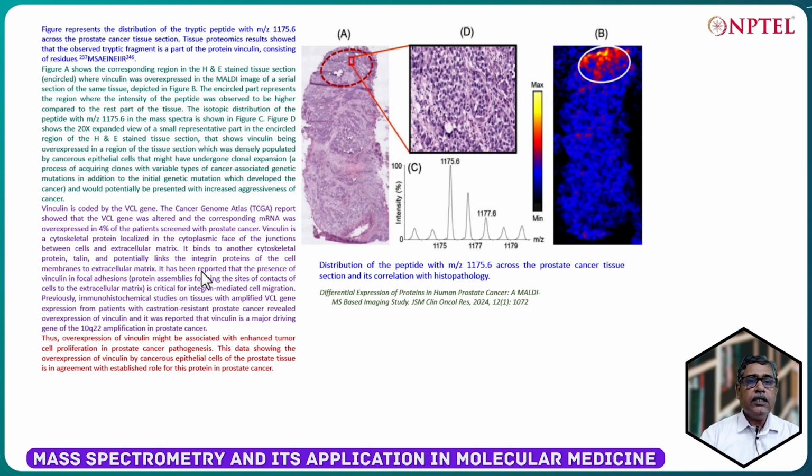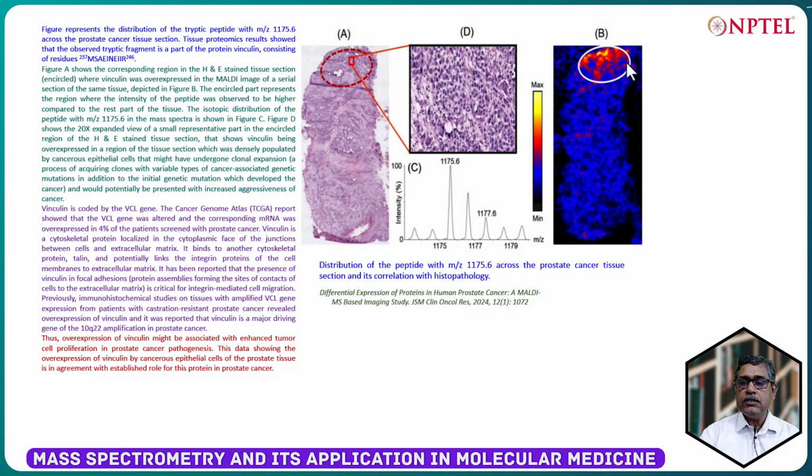So, here the figure represents the distribution of a tryptic fragment, 1175, across the prostate cancer tissue section. The tissue proteomics results showed that the observed tryptic fragment is a part of the protein vinculin, consisting of the residues from 237 to 246.